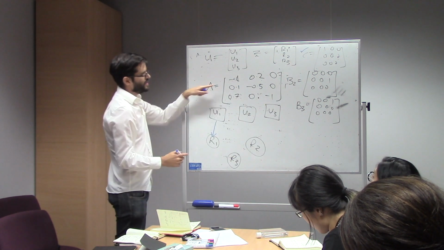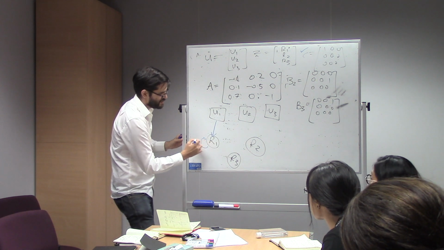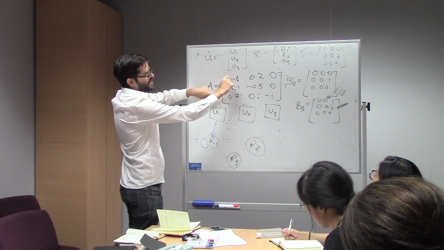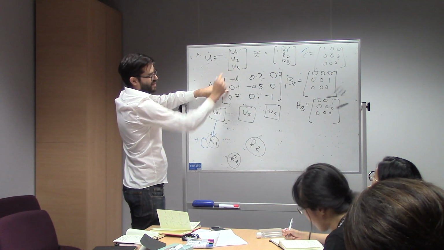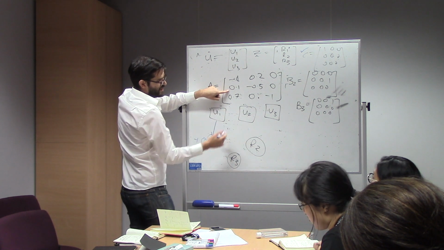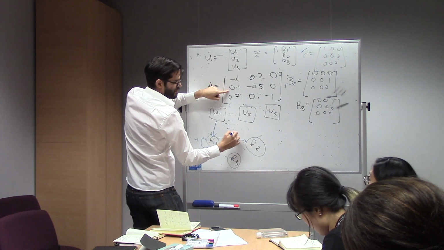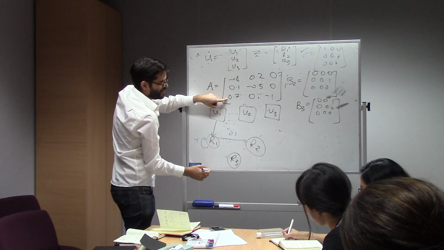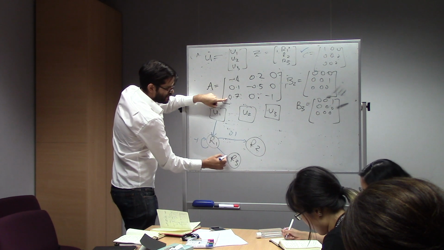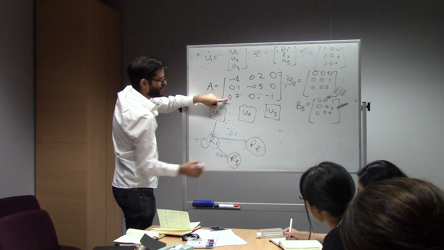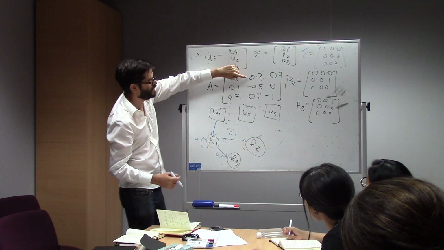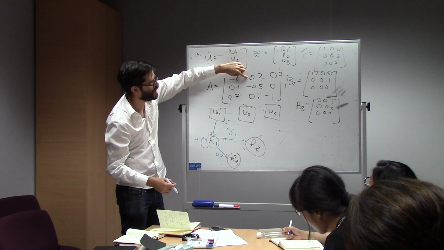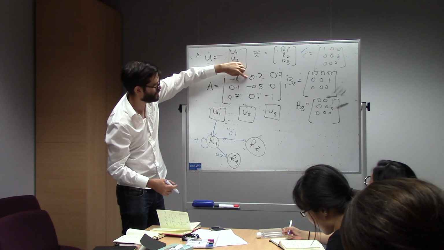A. So the first one is a self-connection, which is minus 1. This one is saying region 2 from 1. Region 2 from 1 is 0.1. Region 3, because this is row 3 from 1, is 0.7. Next one, this is column 2 but row 1, so region 1 from 2 is 0.2.